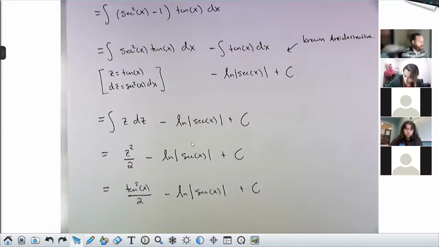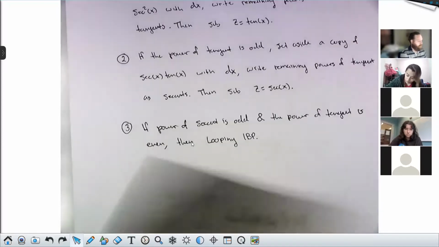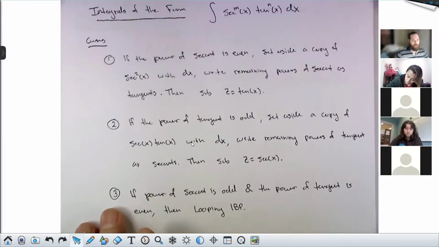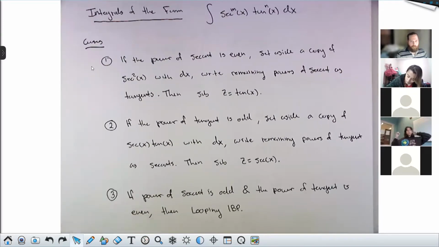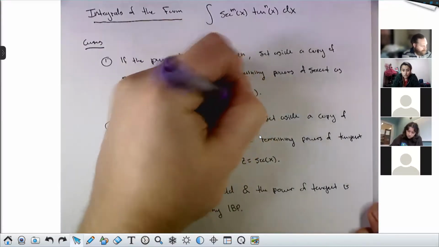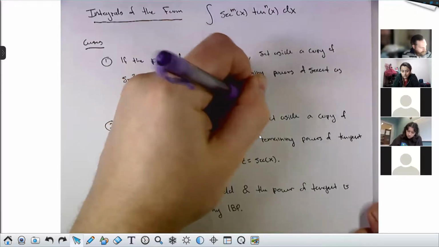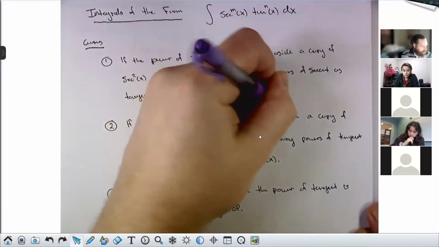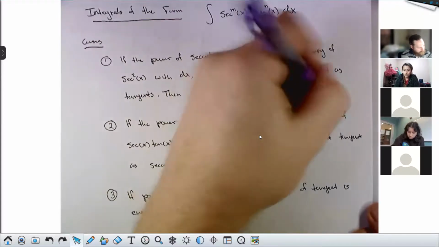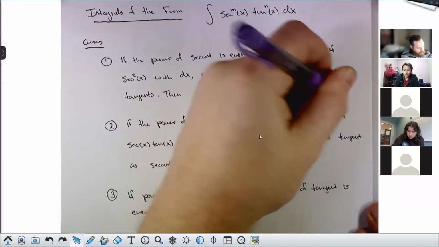Okay. So those are the nice cases. If you want to come back here and add something to this page, you can, right? Namely, the power of tangent is odd, and there is at least one secant, right?